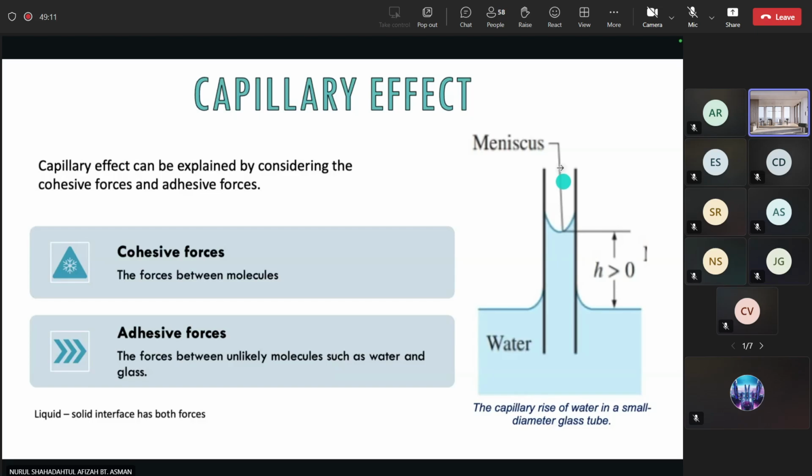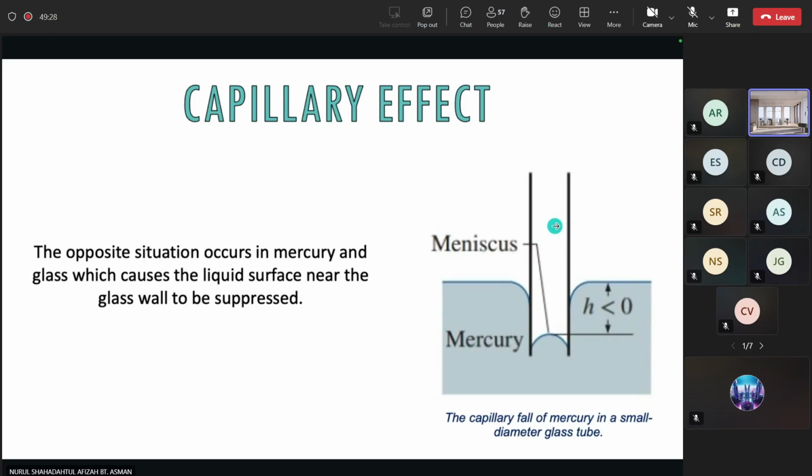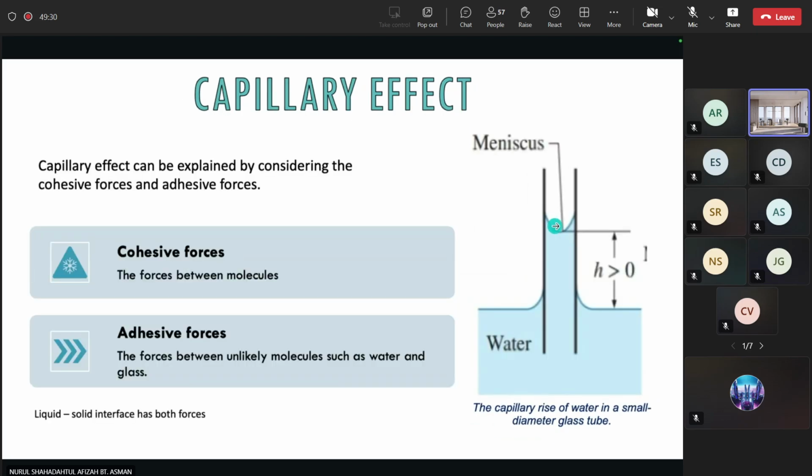So ni meniscus, if the shape macam ni this one smiley or U, then you can know that the type of fluid is water. Contoh kalau yang tadi shape set meniscus. So usually the height is more than 0. Sini ada value.